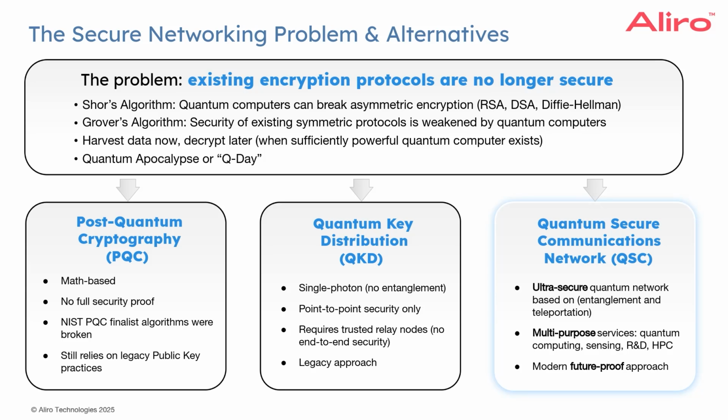It does involve using single photons and encoding them, but instead of generating entanglement between Alice and Bob, Alice encodes a photon and sends it down the fiber for Bob to receive. So it's different, and because you're dealing with single photons, you're going to have a distance limitation.